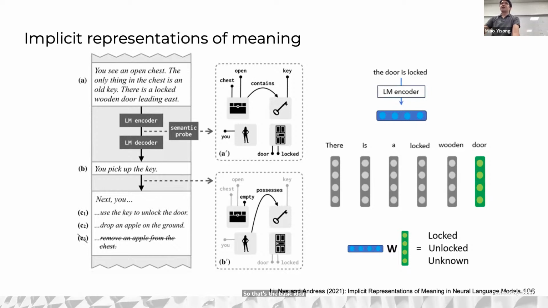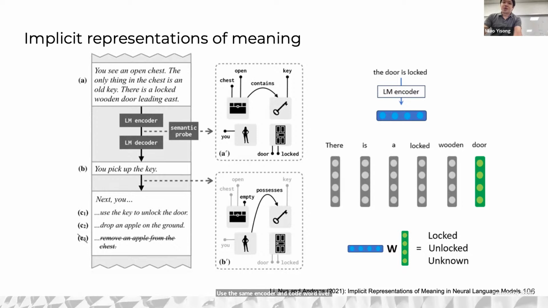And this is how they design their probe. If what you're interested in is the door, the entity door, you take the language model's encoder and encode the sentence "the door is locked" to get an encoding. Then you go to utterance A and use the same encoder to get word-level encodings.